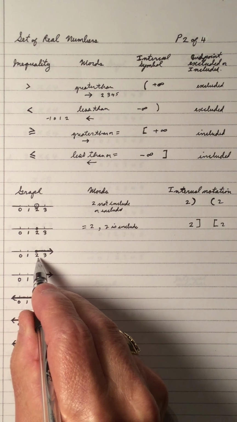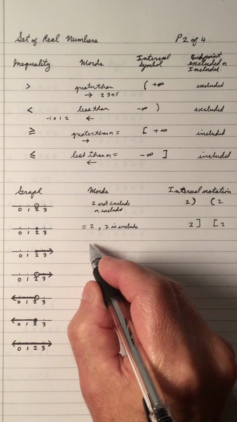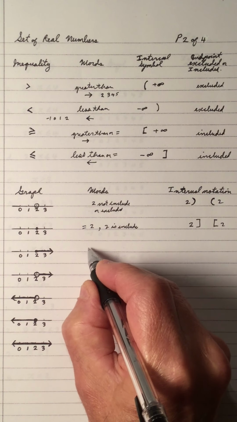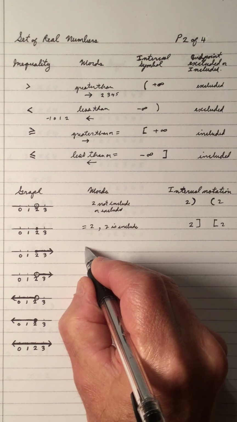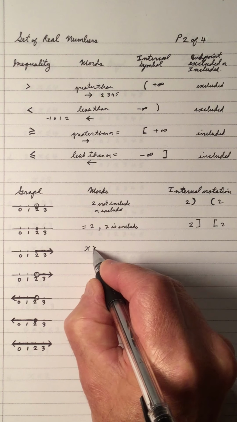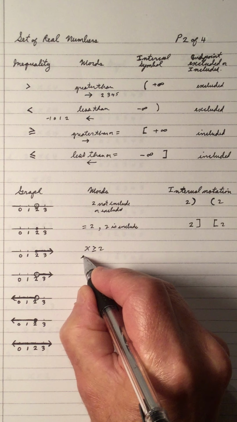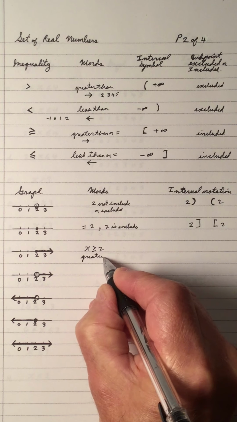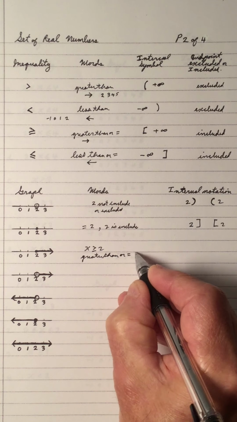Okay, let's continue. In this one, if you notice, we have a solid dot. In words, this inequality is x is greater than or equal to 2. So that's the numbers greater than or equal to 2.